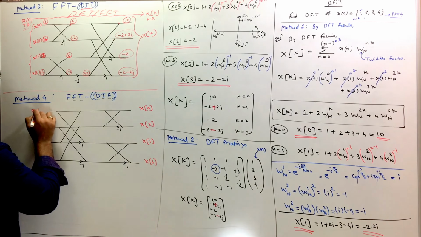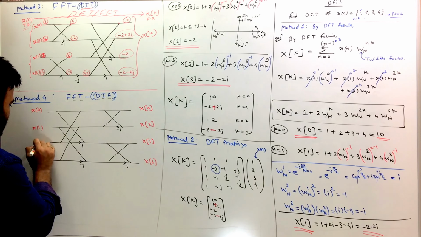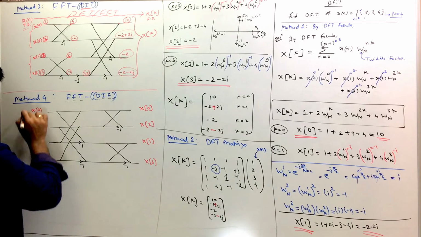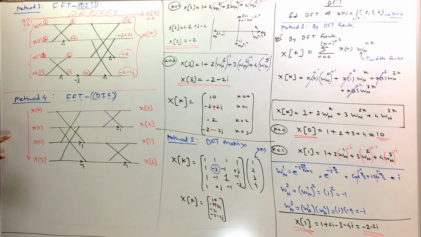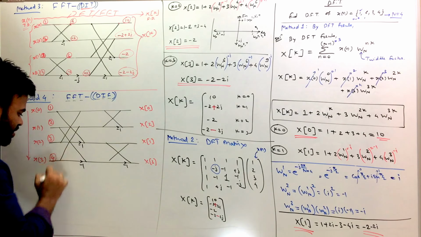In DIT, this is not decimated in time, so x0, x1, x2, and x3 will go straight. I hope you understand the meaning of this arrow, that it's not decimated at all. That's what that arrow means. So I can just write down the numbers directly: 1, 2, 3, and 4.